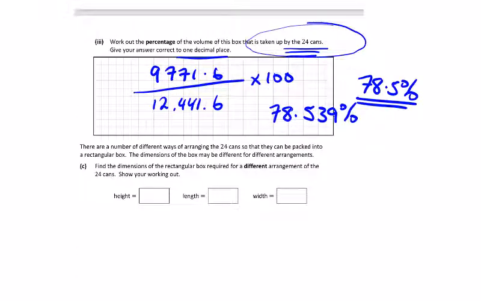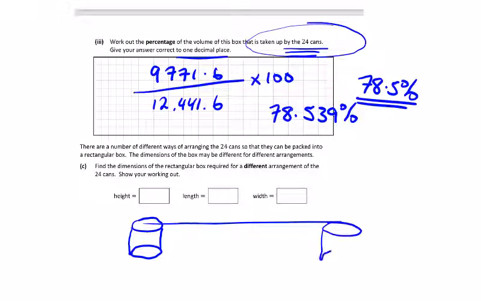The last part of this question you have to think about, there are a number of different ways of arranging 24 cans so they can be packed into a rectangular box. Let me attempt to draw one of these cans. There's one of them, they could just be 24 wide, that might be the easiest thing to do here. Although it's not a real accurate box, but what if it was just 1 by 24? That is a rectangular box, so that might be the easiest one to do here.